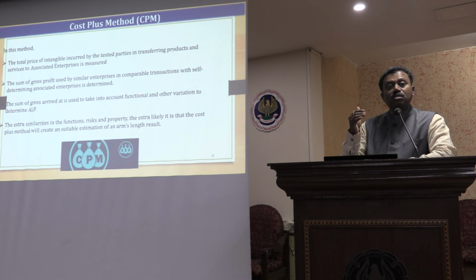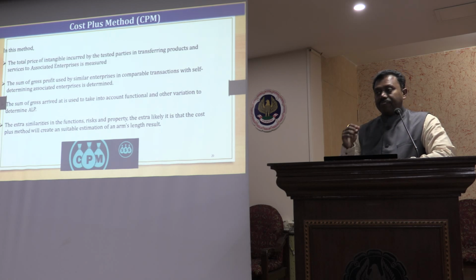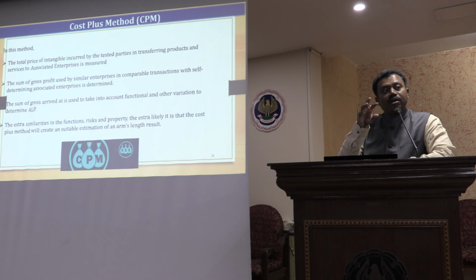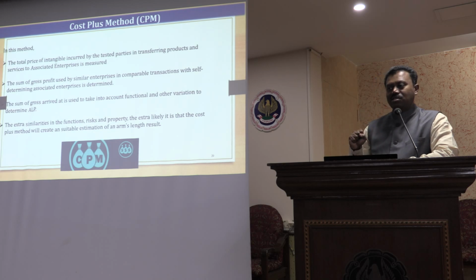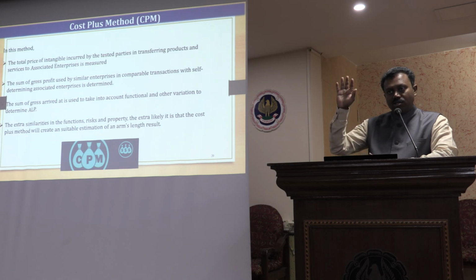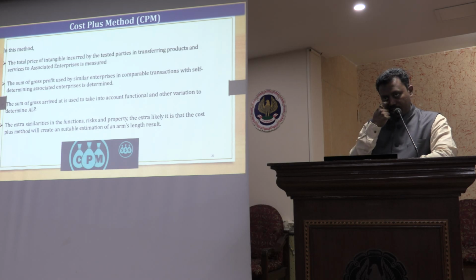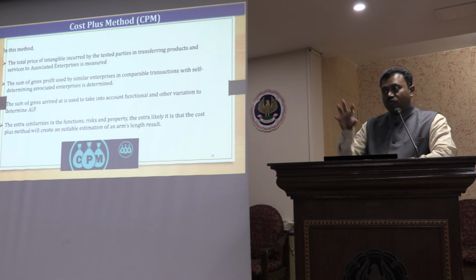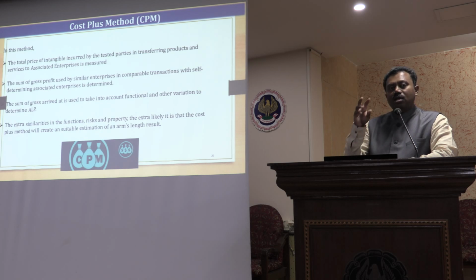But cost plus will still work in a case where you are taking data from a database. There are some databases where company financial information, that is the profit and loss account and balance sheet, is given along with notes to accounts, etc. When you are picking from the database, there are certain workings that they do and make it comparable.